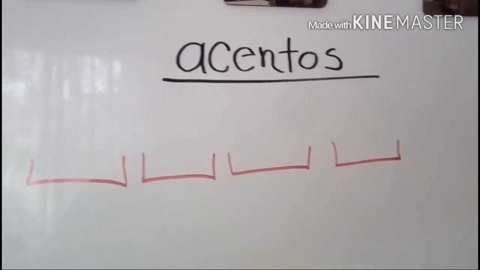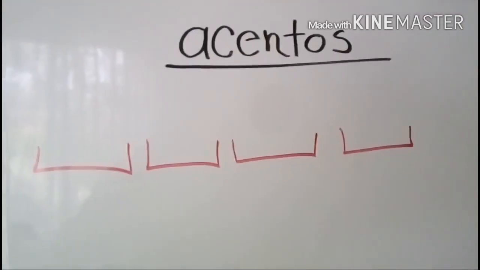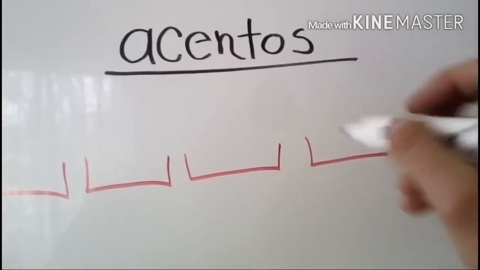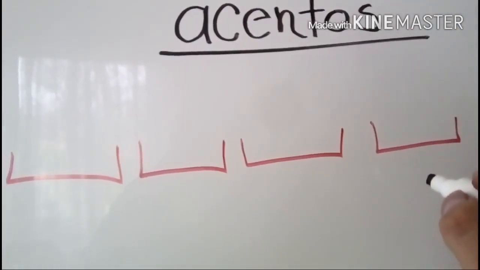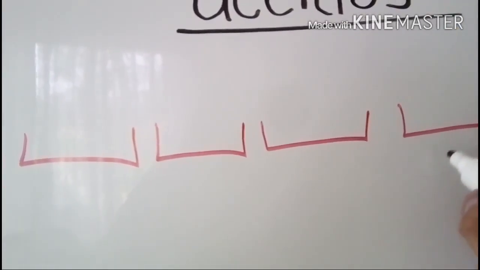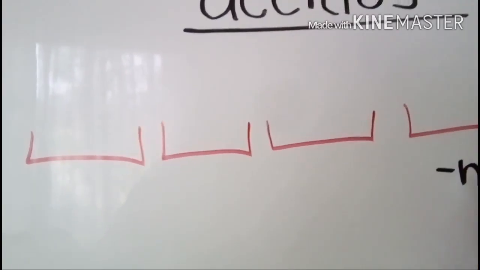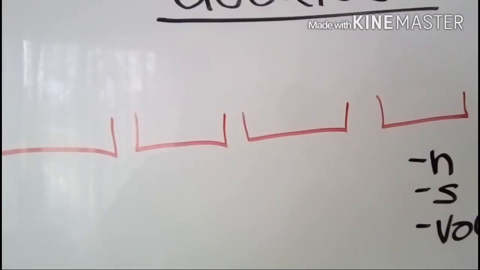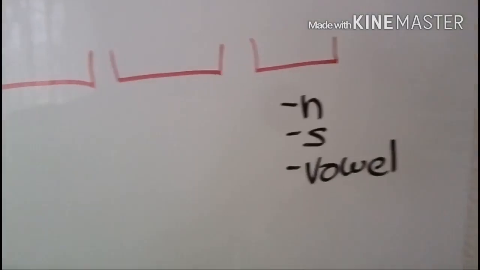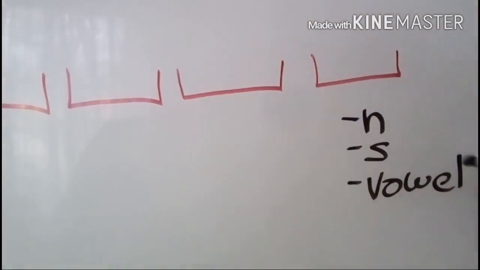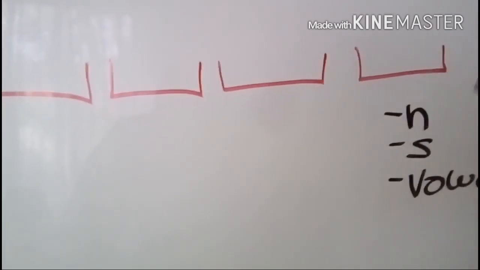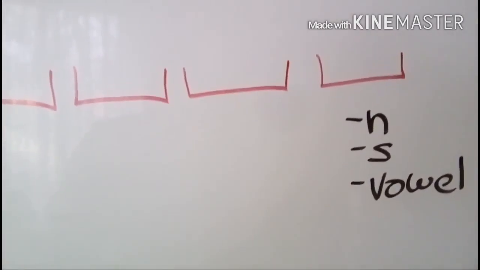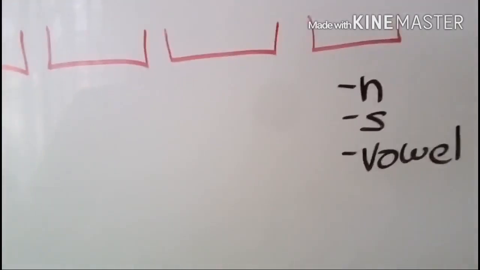But for now, just take what I'm going to say as a rule. In this last syllable, we'll have an accent if it ends in N, S, or a vowel. So if the word ends in N, S, or a vowel, it will have an accent. If not, there is no accent. I will write some examples later.